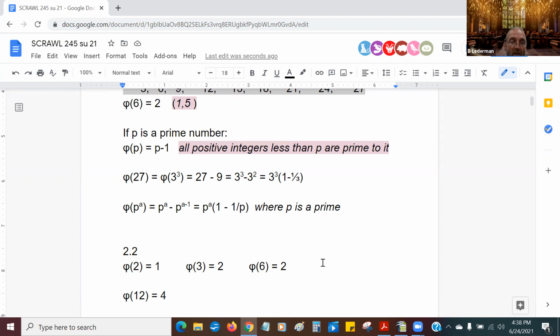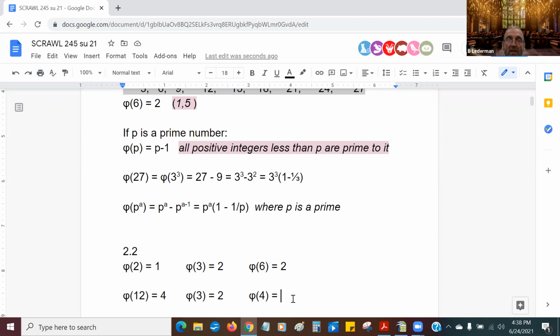So phi of 3 equals 2, as we said earlier. And phi of 4, I don't know if we did that one, but let's do it quickly now. There are two ways we could do it. We could use the formula, because 4 is 2 to the second power.